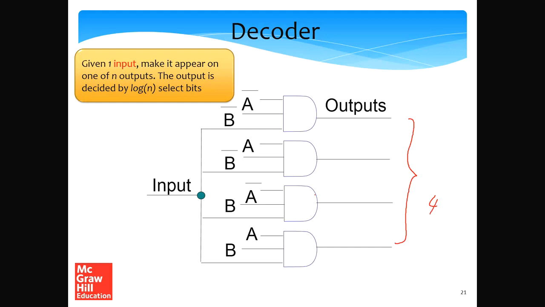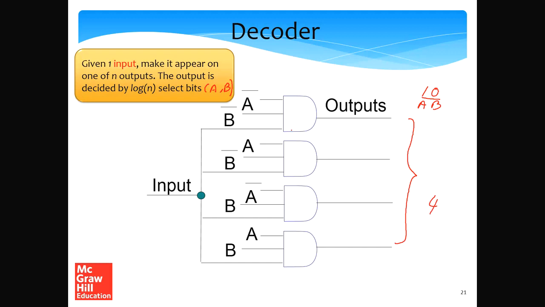We want to make this input appear in any of the 4 outputs based on the values of the select bits A and B. Let us assume that the select bits are 1 and 0, which means that A is 1 and B is 0. So we want it to appear on the output that corresponds to 1, 0. So let's see how this works.